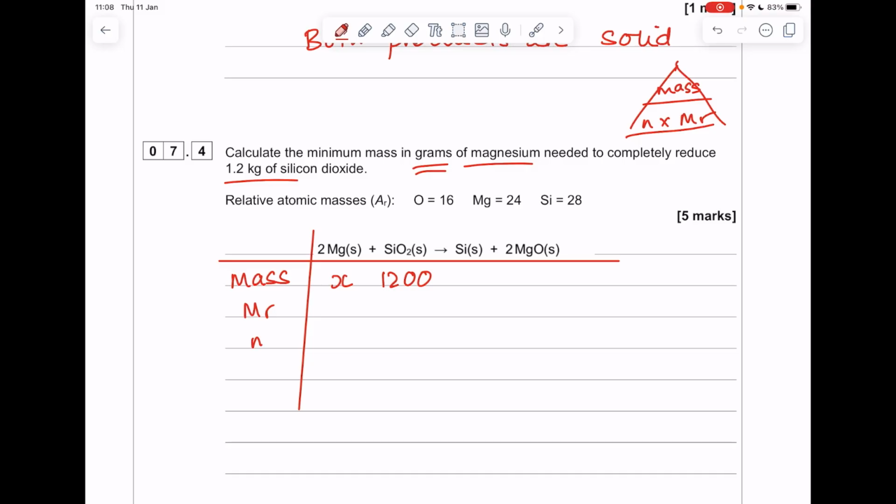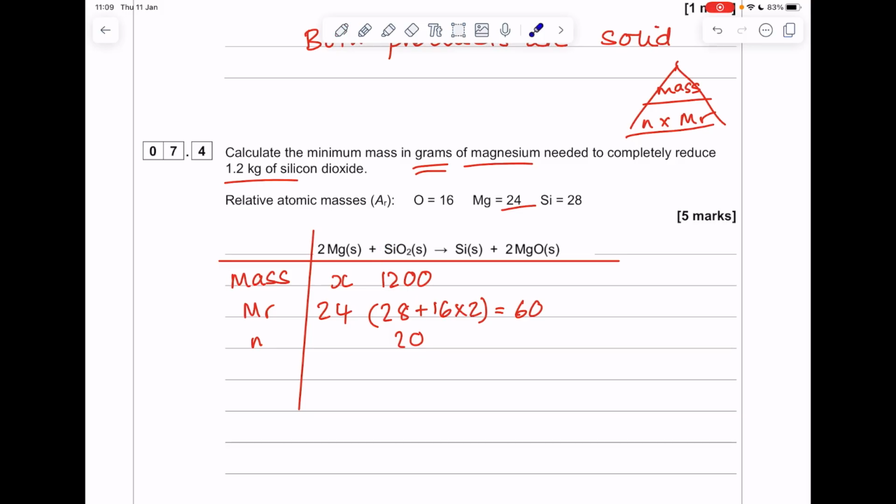What about our Mrs? They've kindly given us these numbers. So SiO2 is 28 plus 16 times 2, which is 60. To find the number of moles, cover the n. We're doing mass divided by Mr. So that's 1,200 divided by 60, which is 20. Now let's look at the mole connection.